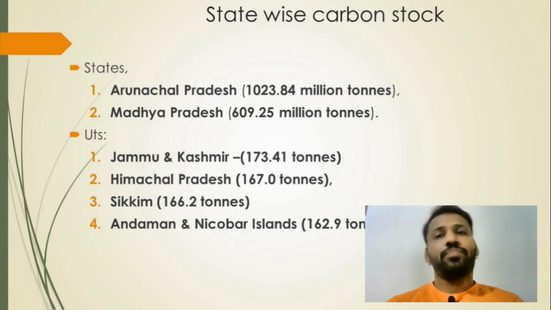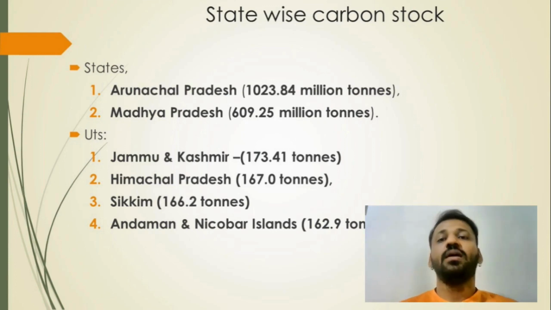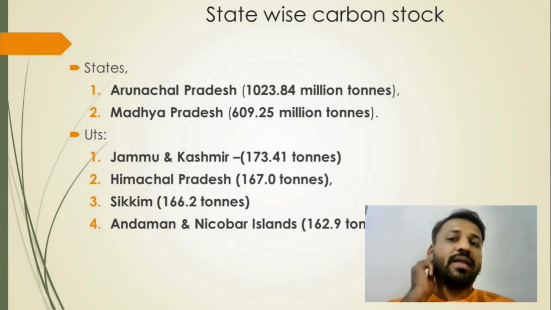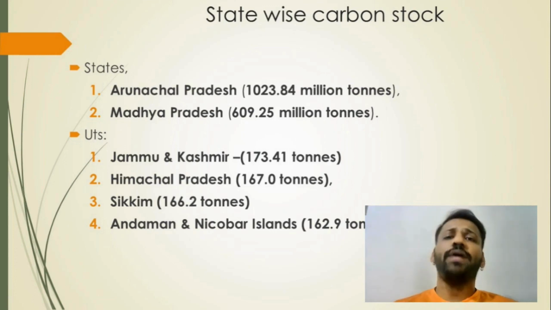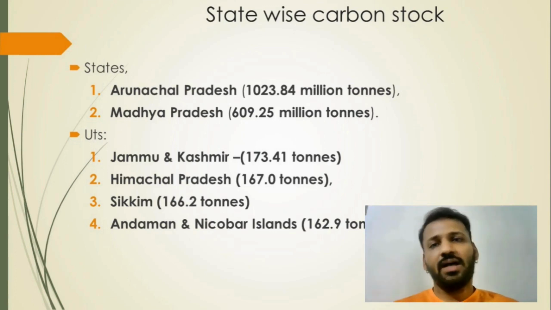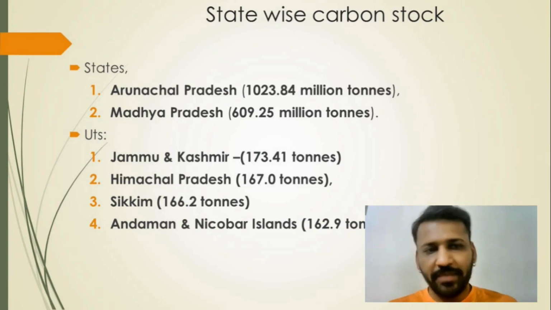In terms of union territories, the topmost in creating carbon sink in the form of forest is Jammu and Kashmir, 173 million tons. Then Himachal Pradesh, 167 million tons, Sikkim, 166 million tons, and Andaman and Nicobar, 162 million tons. You have to remember these figures, because questions can definitely be asked in our exams based on this.